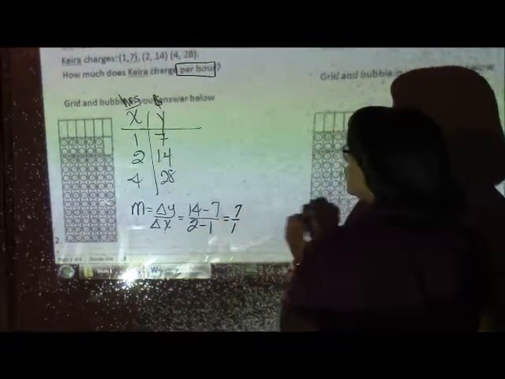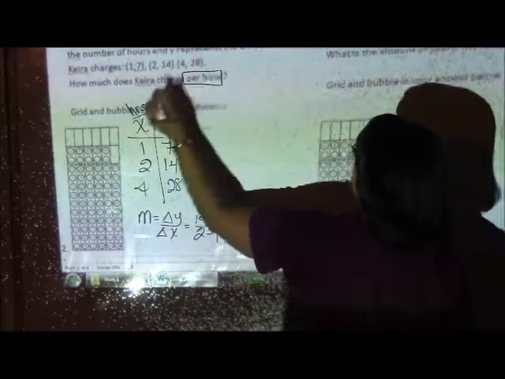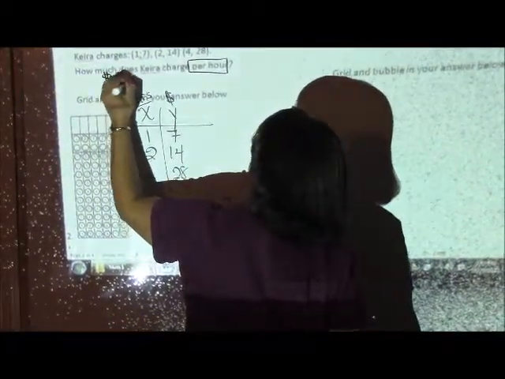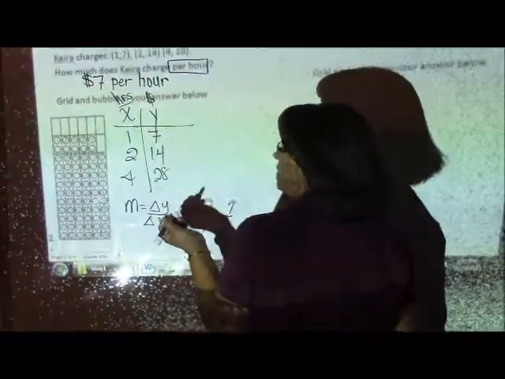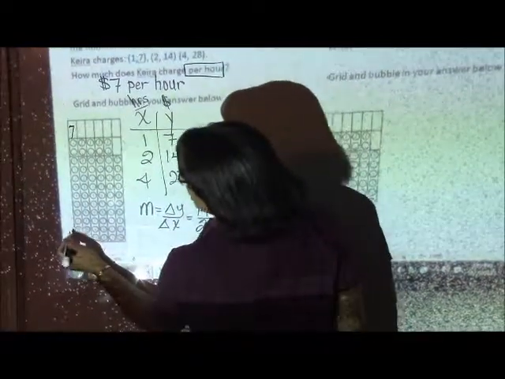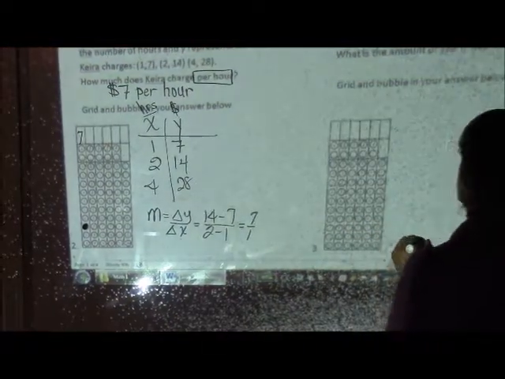So we get 7 over 1. So therefore, how much does she charge? Right, $7 per hour. Per 1 hour. So then we have to go over here, start to the far left, go down to 7 and bubble it in.